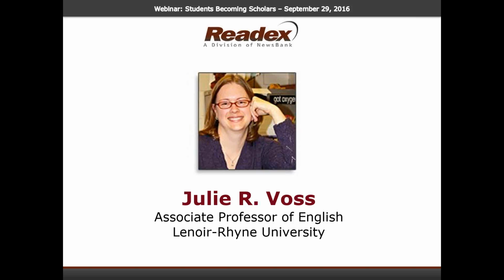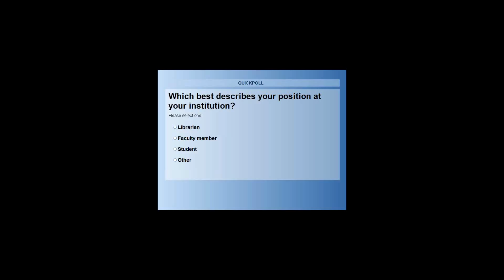Before we get started, I'd like to learn a little more about who's joined us today. Sure, let's go ahead and do a quick poll question. So you should see that question on your screen now. Go ahead and tell us what best describes your position at your institution. Are you a librarian, a faculty member, student, or would you classify yourself as something else?